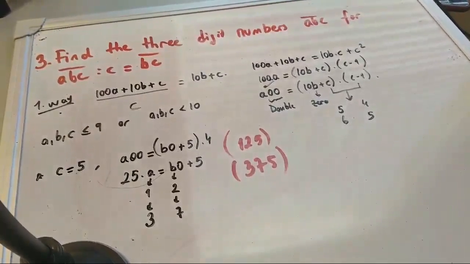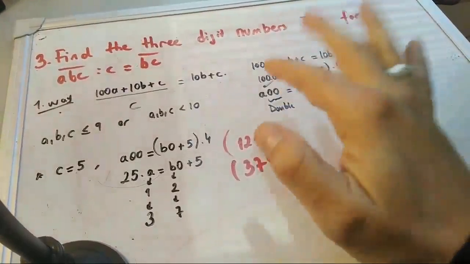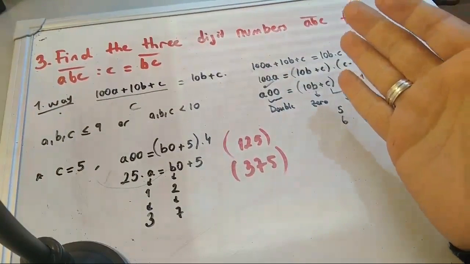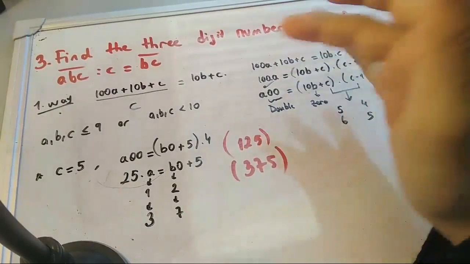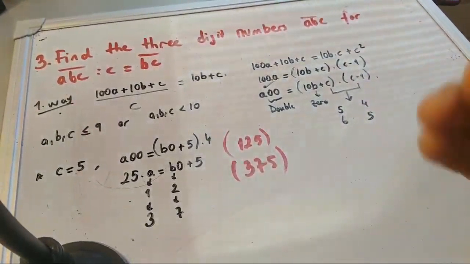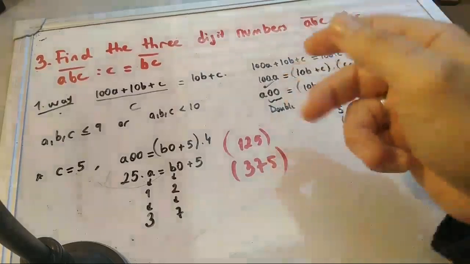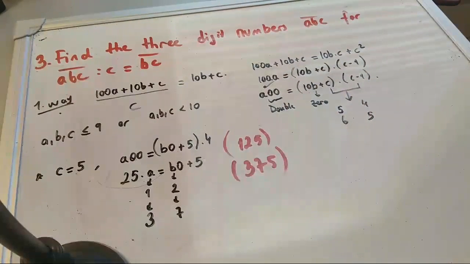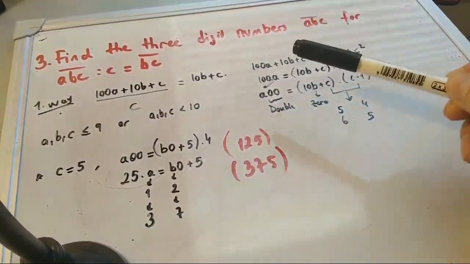Okay. 100 times A. The value of this number depends on the value of A. A defines the value of 100 times A. For example, for A is 2, 100 times 2 is 200.